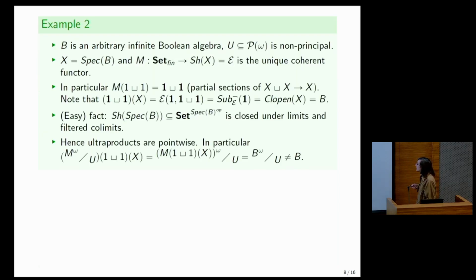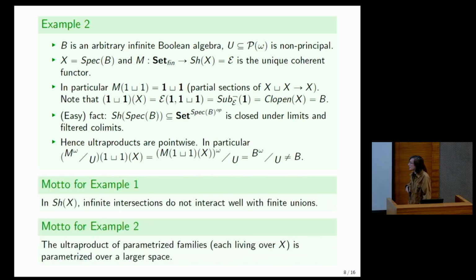The motto for the other example is that if you have these continuous families of models, then maybe you can take their ultra product, but the result will be a continuous family of models living over a bigger space. For example, if your models are living over the spectrum of a Boolean algebra, then the ultra product will live on the spectrum of the ultra product of the Boolean algebras. So that's another reason why it fails.